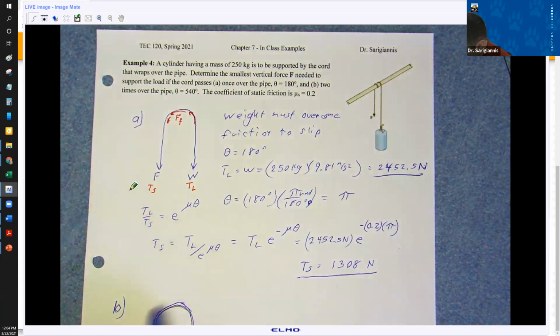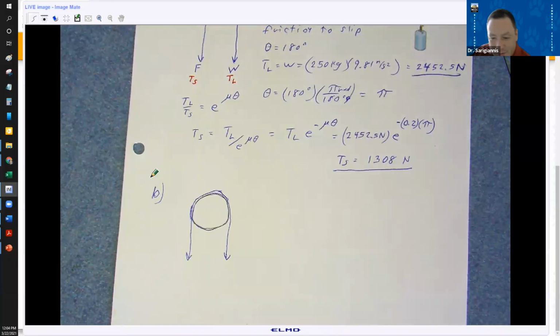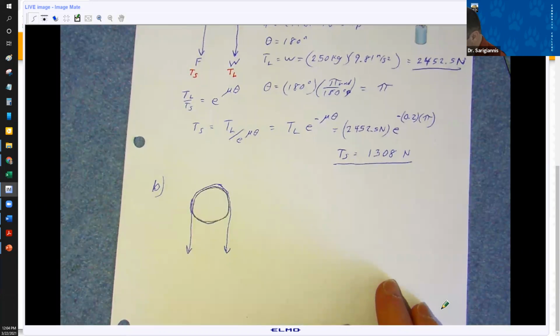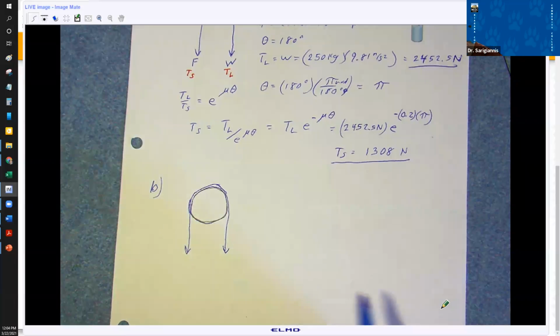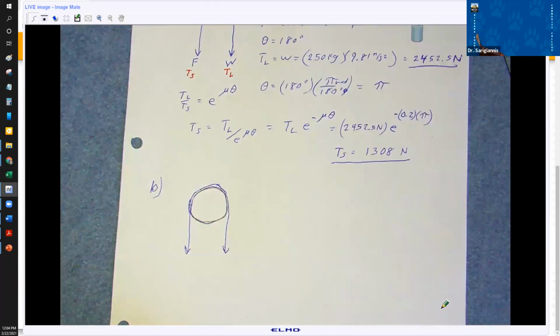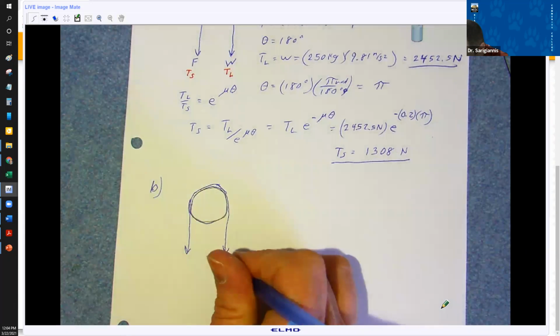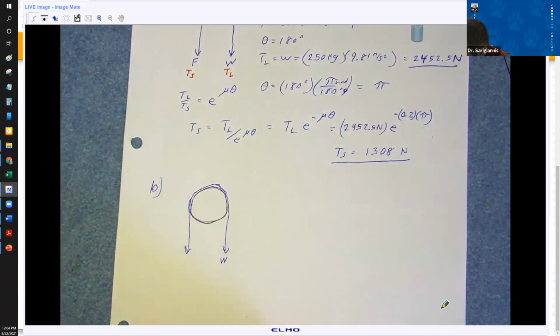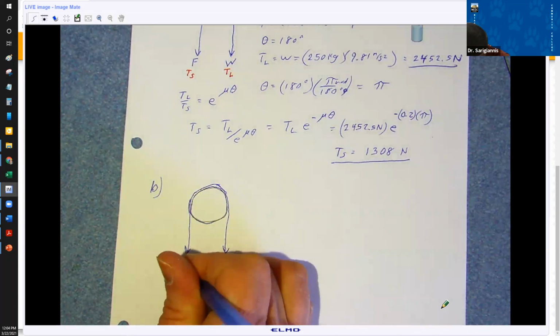I'm just showing how it goes around twice. If I look at what's happening, we're looking at the same scenario. We want to know the smallest force, F, that we need to support the load. So now the load is over here. We have the weight, and this is our force.